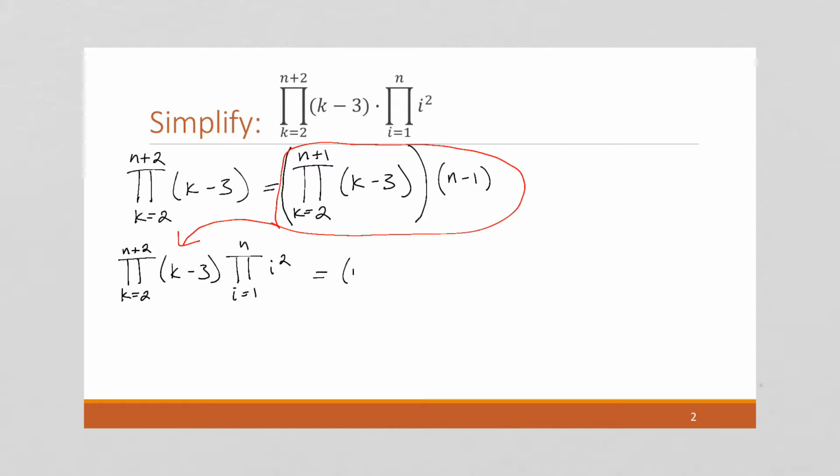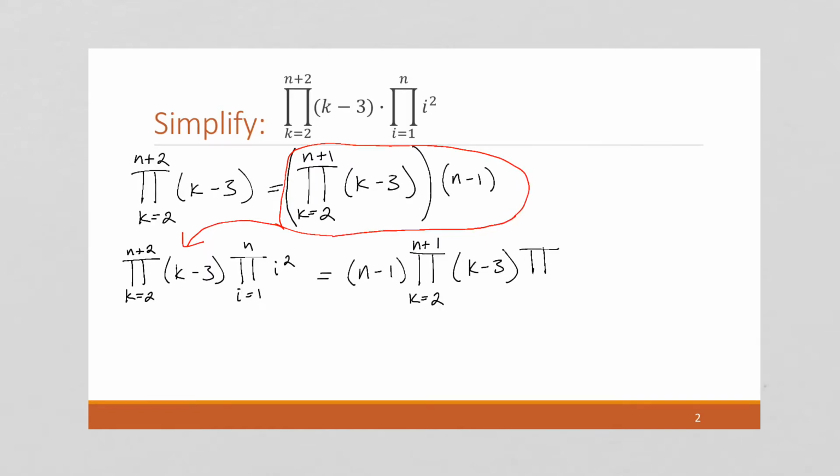So I'm going to put this n minus 1 part first, and then the product from k equals 2 to n plus 1 of k minus 3, times, and this one is the product from i equals 1 to n of i squared.